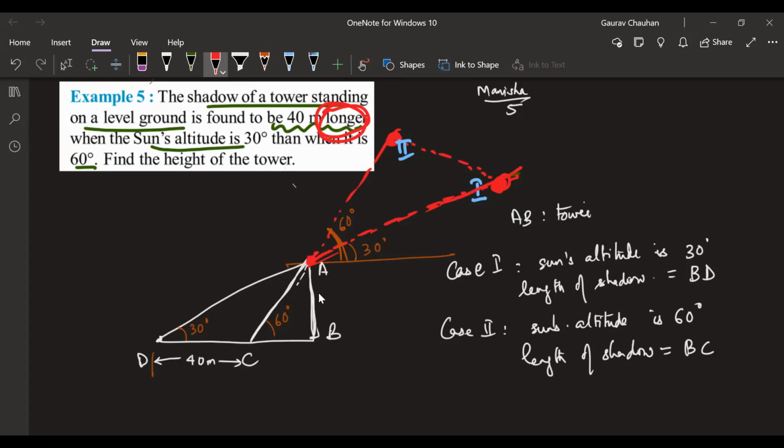We are talking about the sun, no? I'm looking down, sir. I'm just thinking like that, sir. But why are you thinking like that? You're not looking down, no? You're talking about the sun's altitude, which means you're looking up to the sun.